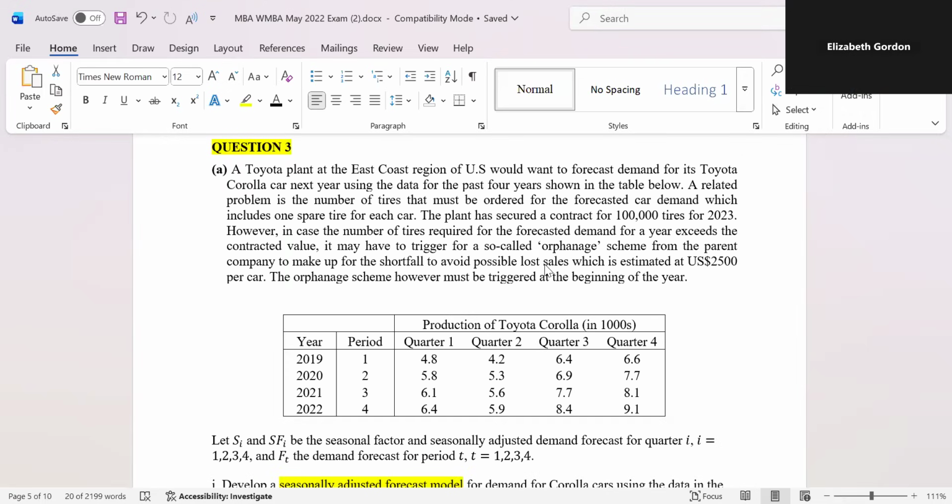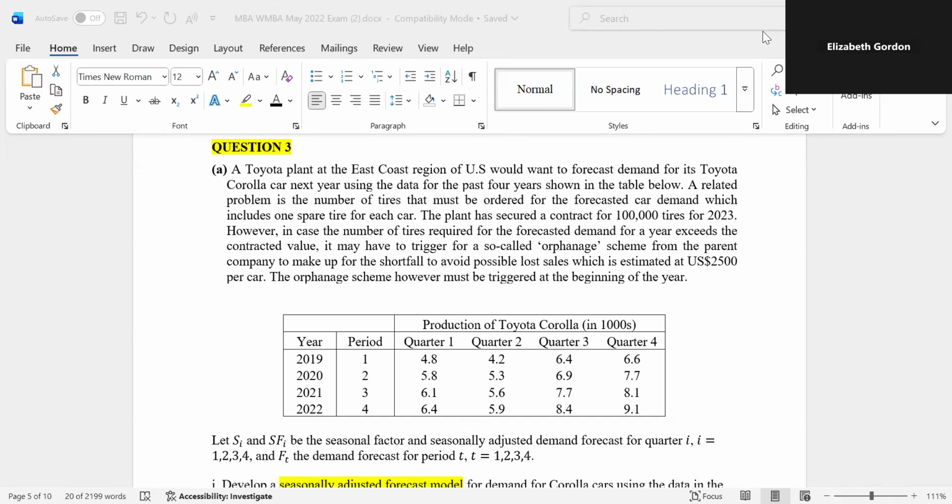Question 3. A Toyota plant at the East Coast region of US would want to forecast demand for a Toyota Corolla car next year using the data for the past 4 years shown in the table below. A related problem is the number of tires that must be ordered for the forecasted car demand, which includes 1 spare tire for each car.